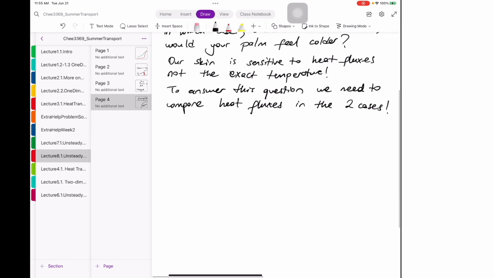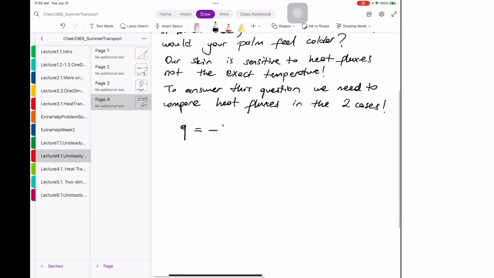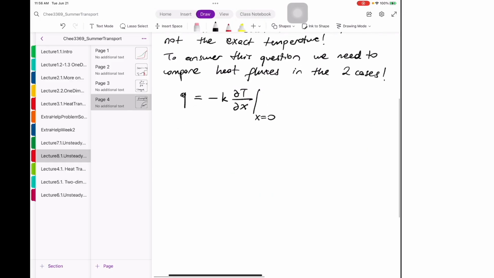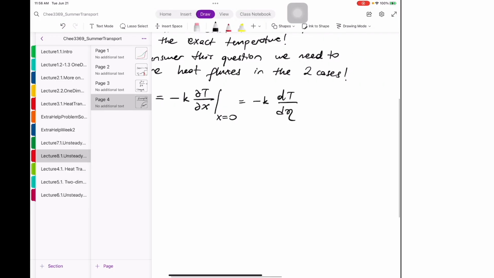Okay. So the heat flux q is equal to minus k times del T over del x at x equal to 0, right? So this is a semi-infinite case, and I take my x equal to 0 here. That's equal to minus k times dT over d eta, the combined variable, times del eta over del x, and you evaluate this at eta equal to 0, which is x equal to 0.